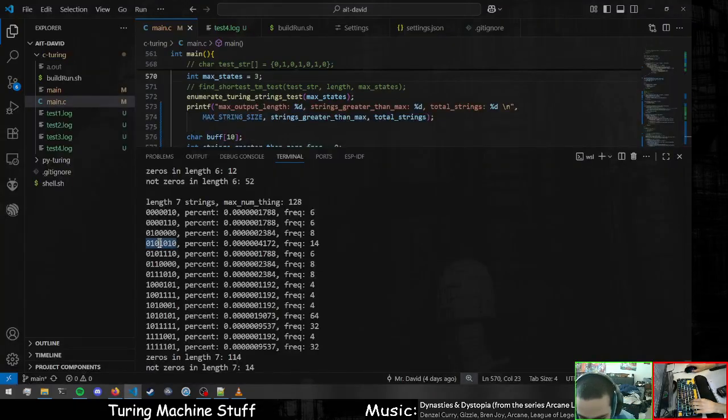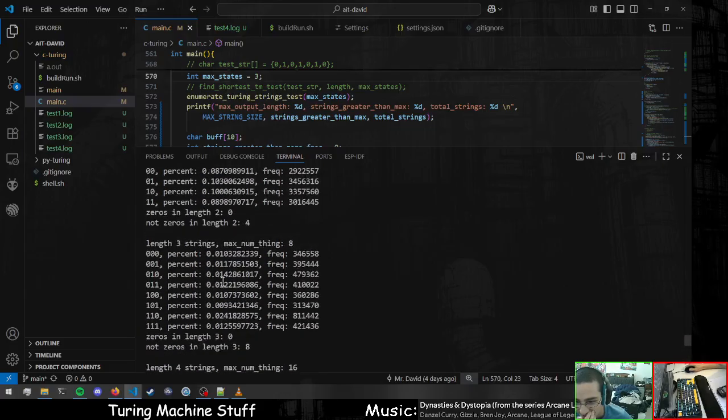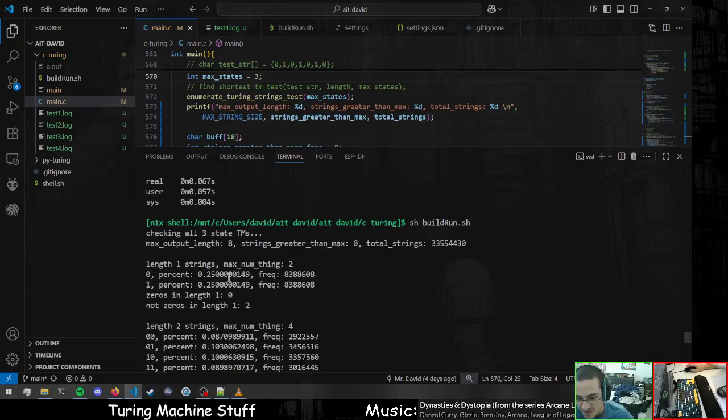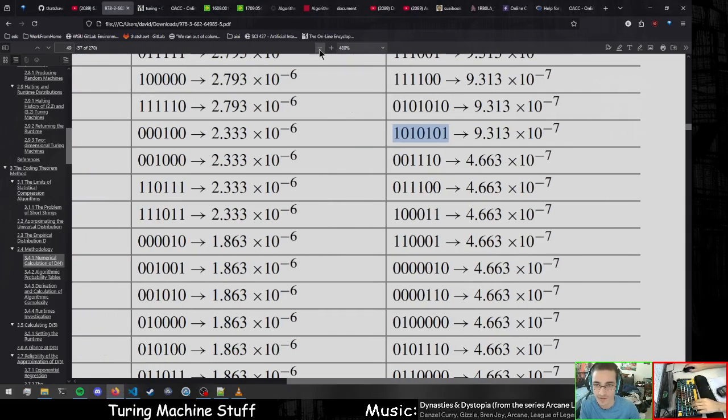So this one is 14. Oh man. I don't see another 14. I got 64 for this one. How is it doing this? Okay, at least we got all the strings, and at least these are the same. Wait, oh my god. Guys, this is really good.